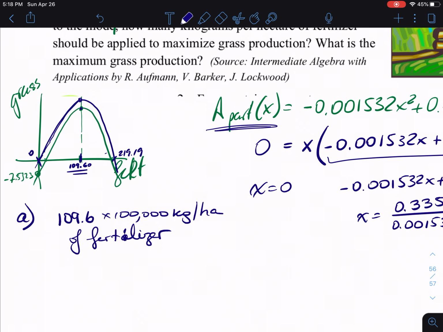Okay, and we can represent that in a nicer number if you'd like. 10,960 kilograms per hectare of the fertilizer.